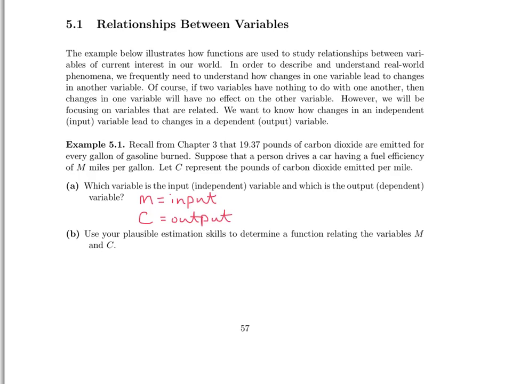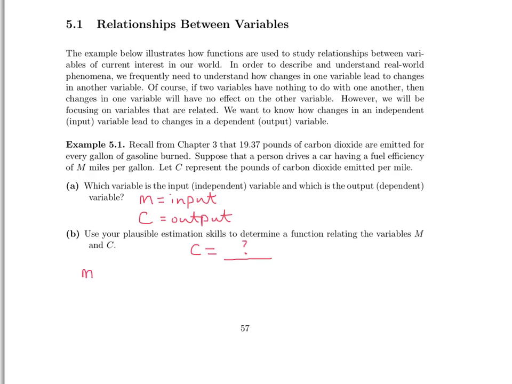Well, since C is our output, our function should have an equation of the form C equals, and then the right-hand side will involve our formula. This will involve m, and we'll have to figure that out. Let's begin by looking at the units of all the quantities that are involved here. First of all, there's m. m represents our fuel efficiency.